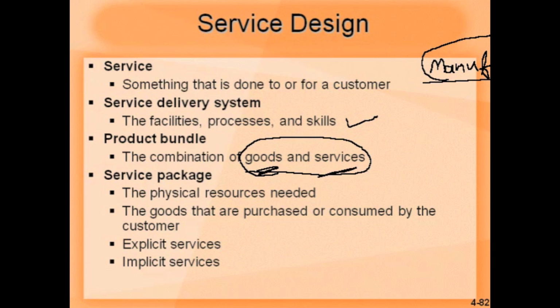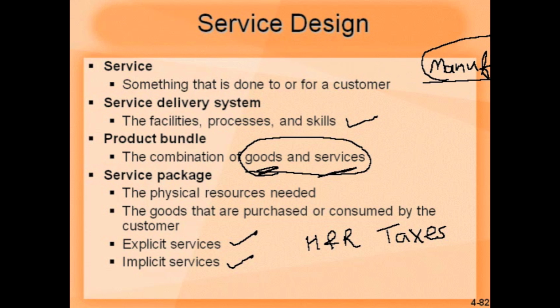Service package: the physical resources needed, the goods that are purchased or consumed by the customer, and there could be some explicit services and implicit services within a service package. For example, if you go to H&R Block to prepare your taxes, certain things are explicit.